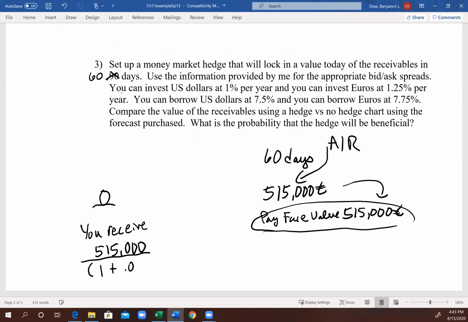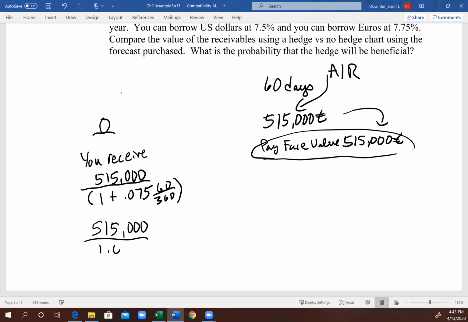And if the interest rate is 7.5% a year for 60 days, then you will receive today €508,642.